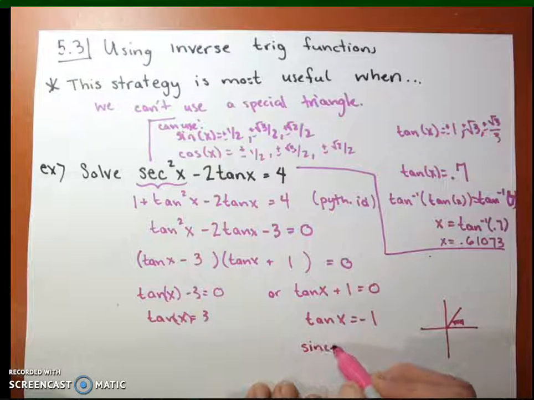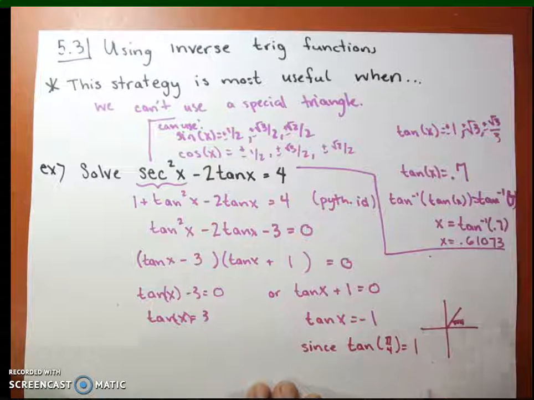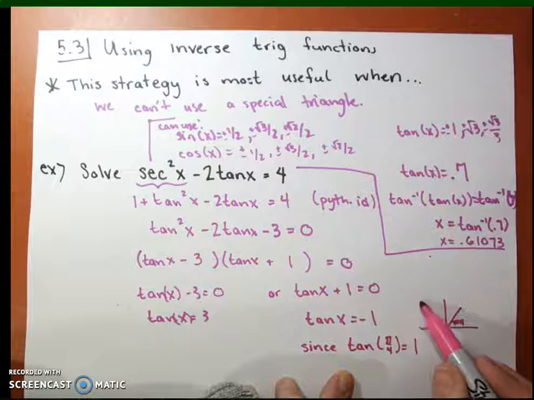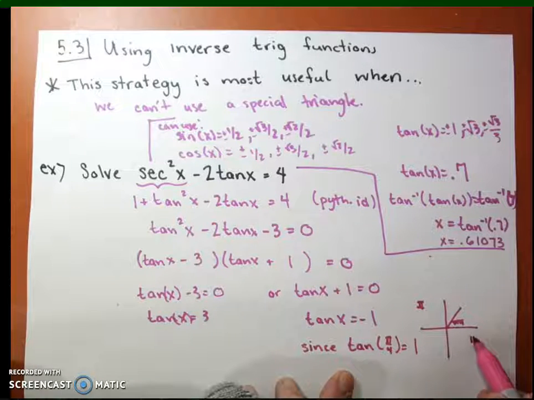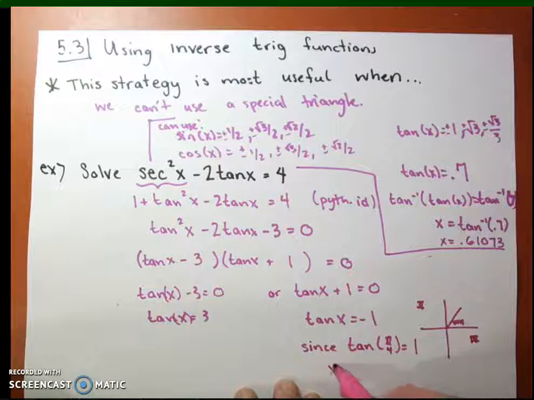So since tan of pi over 4 equals 1, well, then tan is -1 if I'm in quadrant 2 or quadrant 4. So tan is -1 if x equals the version of pi over 4 in quadrant 2, which is 3 pi over 4, or the version of pi over 4 in quadrant 4, which is 7 pi over 4.